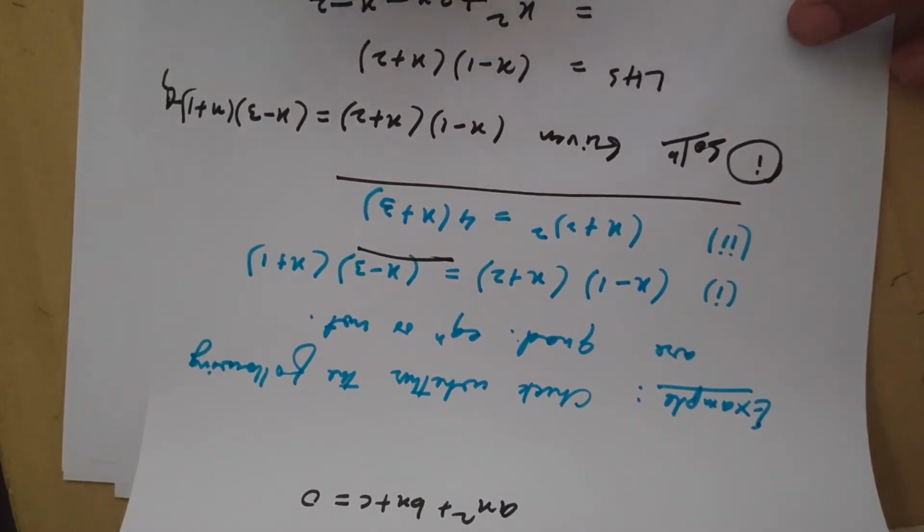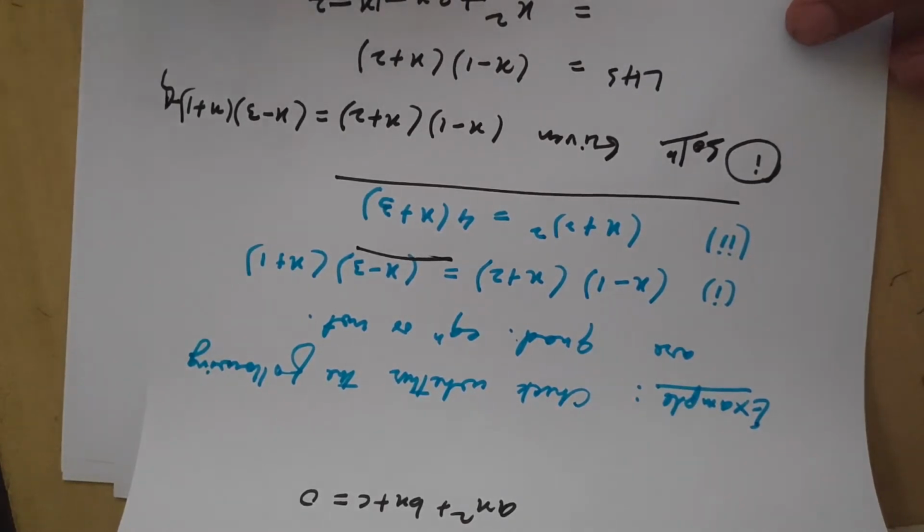Then we can add all this: x square, and 2x minus x, which is 1x, so it will be x, and then minus 2.